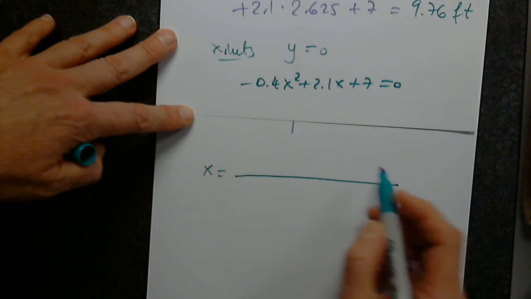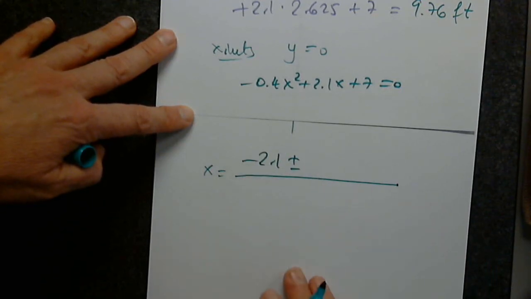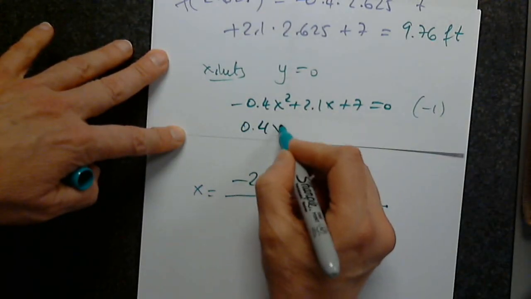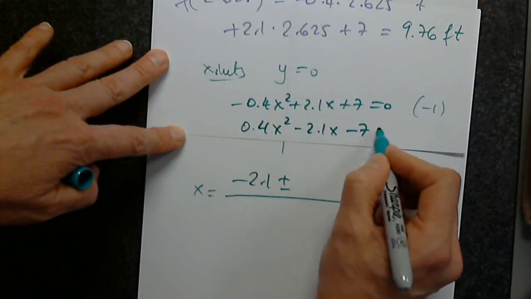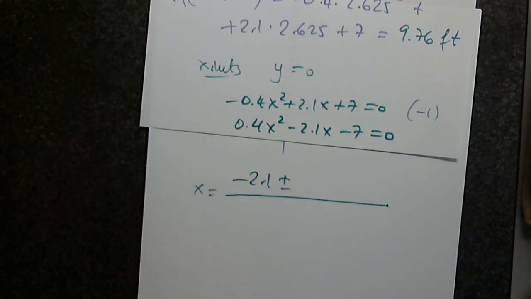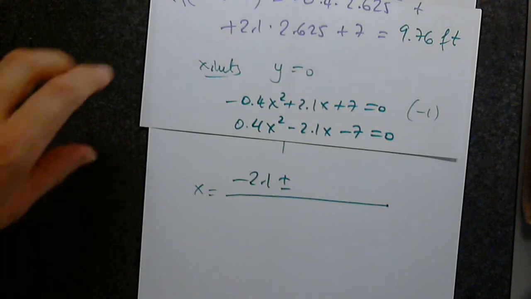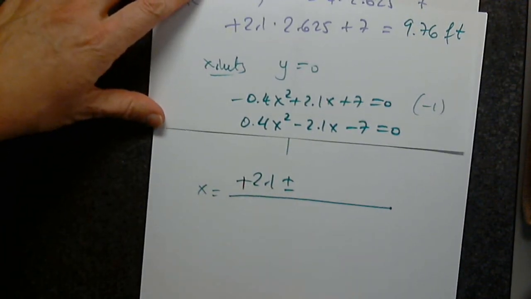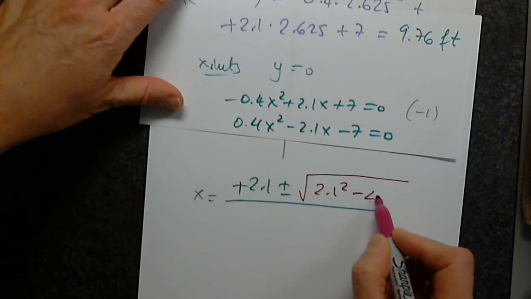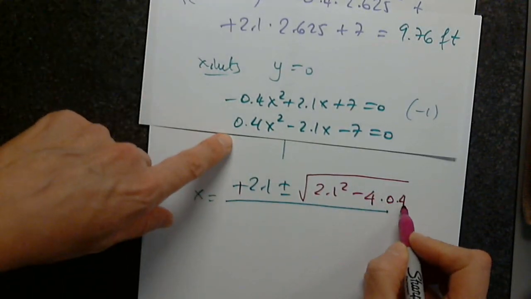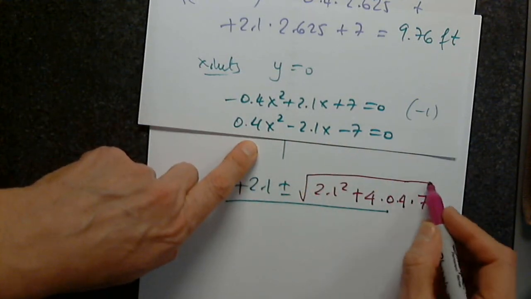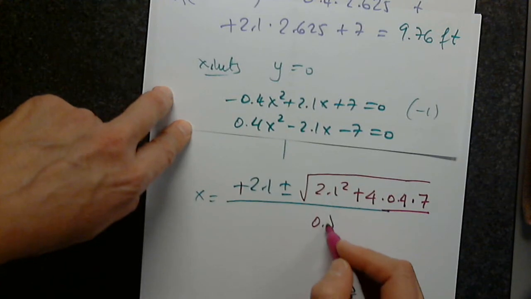Oh, I want to multiply by negative 1 first: 0.4x squared minus 2.1x minus 7 equals 0. I don't want to solve a quadratic equation with a negative leading coefficient. So 2.1 plus or minus the square root of 2.1 squared minus 4 times a times c, over 2 times a.